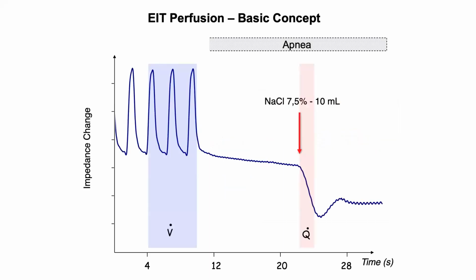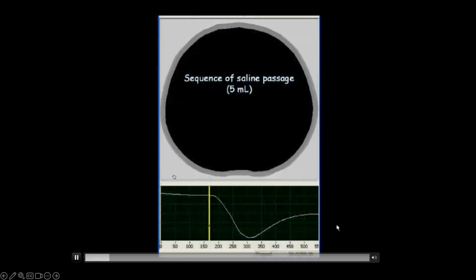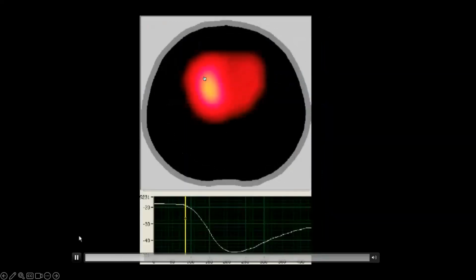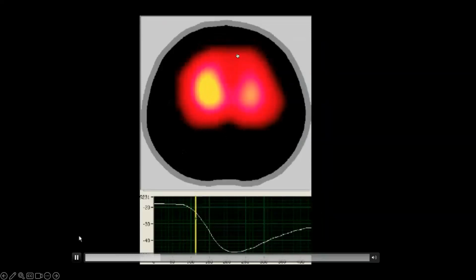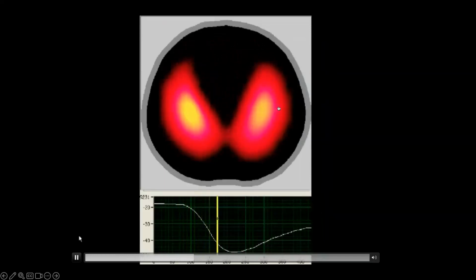There are many methods to assess perfusion distribution using EIT, and the most common is using an injection of hypertonic saline into a central venous catheter, where we can visualize the passage of this contrast through the lung tissue, and thereby detecting failures of filling. This video illustrates the passage of the saline bolus. Here we have the injection of the saline solution moving through the heart, the lung hilum, and then the right and the left lung.